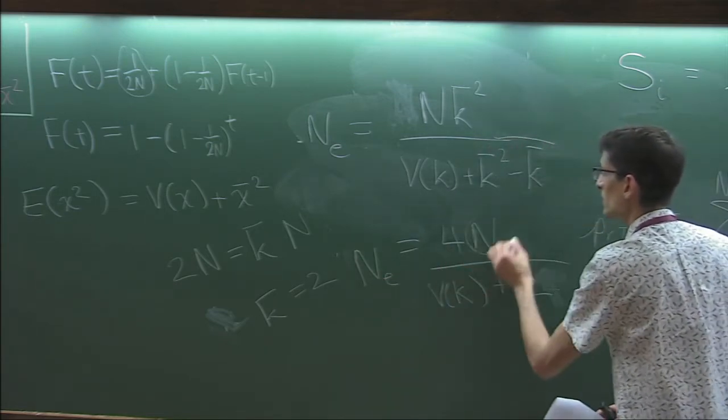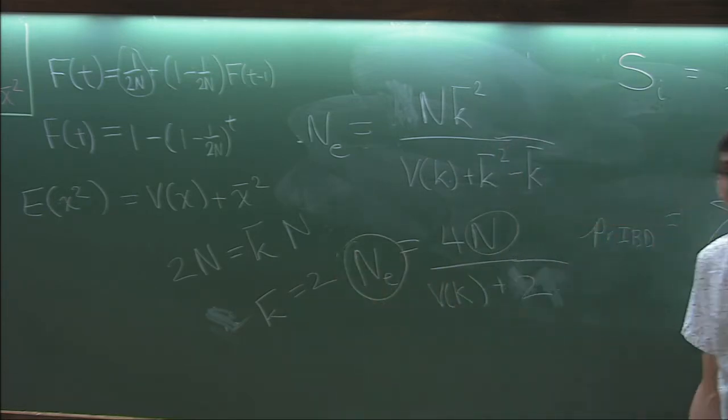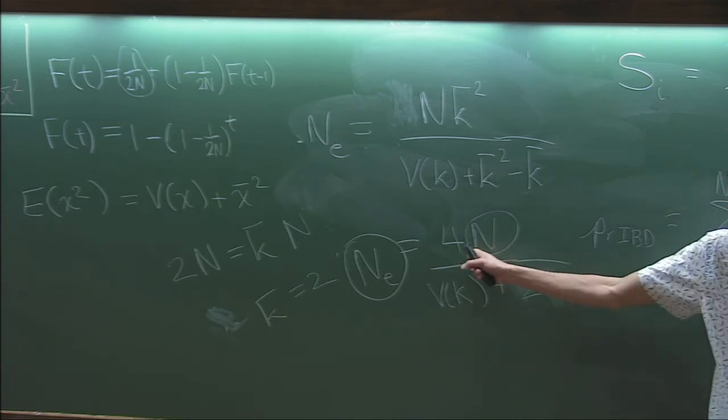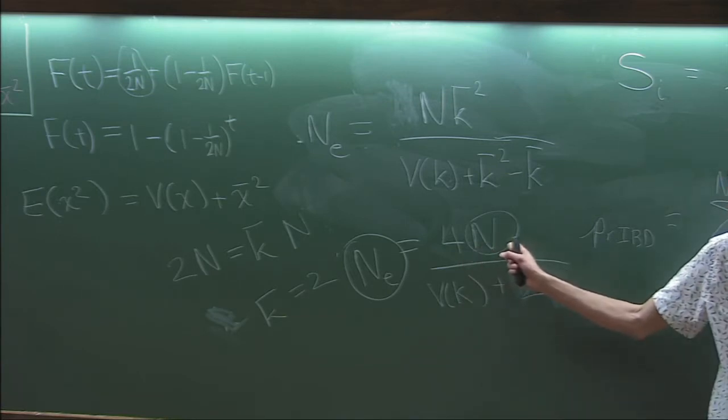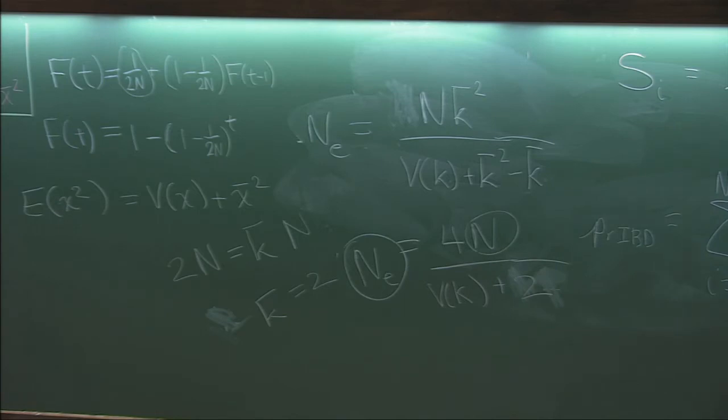So when will Ne be equal to n, what do we need the variance to be? We need it to be 2, right? So if the variance is 2, then we get 2 plus 2 in the denominator. That cancels with the 4, and we're left with n. So the implicit assumption of the ideal population is that the variance is 2 and that the mean is 2, which is a property of the Poisson distribution, that the mean and the variance are the same.